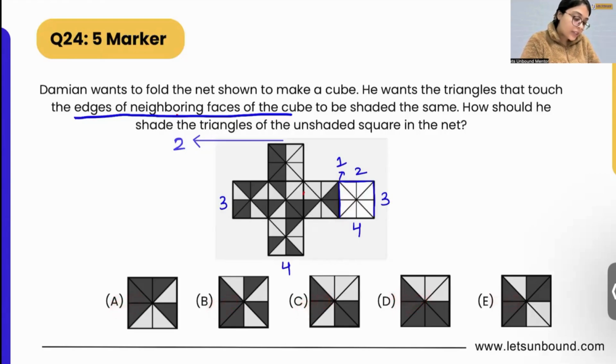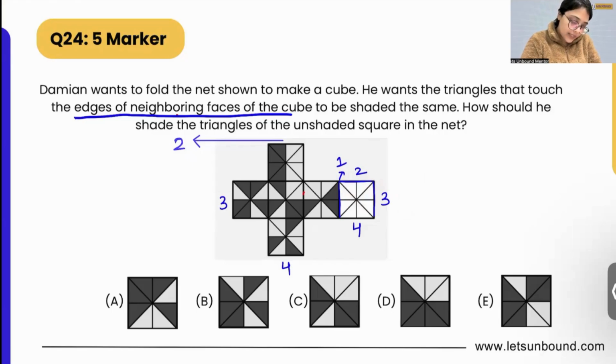Now let's just check for the second. If you look at the second, the boundaries here, you can see one part is shaded and another is non-shaded. So what do you think? Shall I shade it like this? Should this be my picture? No, think again. When we try to fold this and make a cube, what will happen?